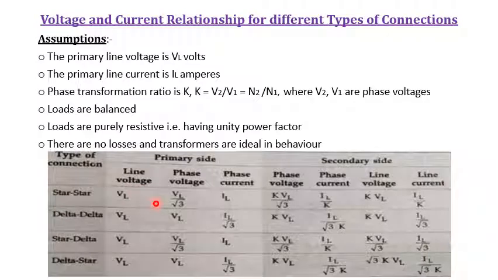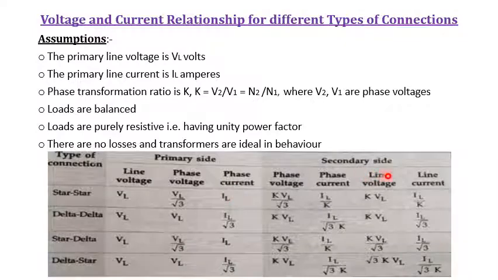Here I use different parameters: the line voltage, phase current, similarly the phase voltage, phase current, line voltage, line current. For the primary side in star to star connection, the line voltage is assumed as V suffix L, then the respective phase voltage will be VL divided by root 3, and the phase current is IL, because in star fashion the line current equals the phase current.